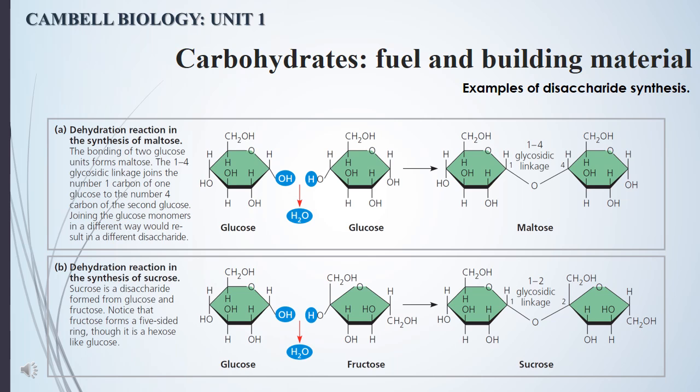And these obviously must be broken down to monosaccharides to be used for energy. And we all have probably heard of lactose intolerance. And lactose intolerance is basically an absence of an enzyme called lactase. That's the enzyme that breaks down lactose into monosaccharides.